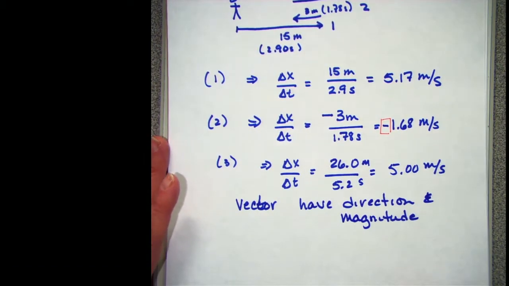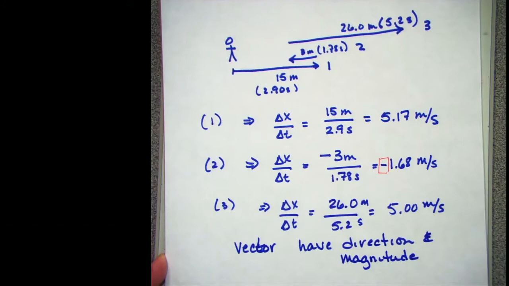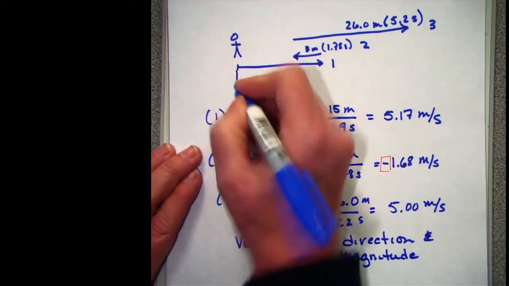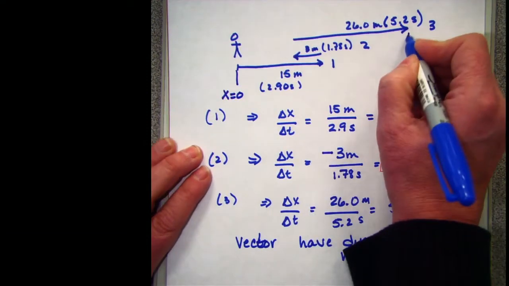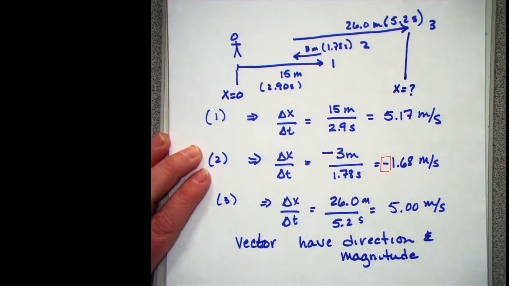Now the next part was to calculate the average velocity for the entire motion. And this is where drawing our picture really, really helps. Because if this is my starting point, and we say that that's x equal to 0, this is my finish point. I've got to know where that is.